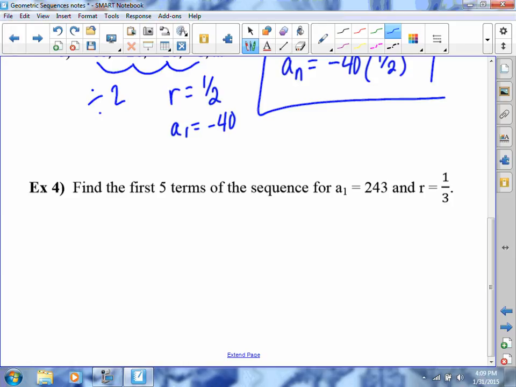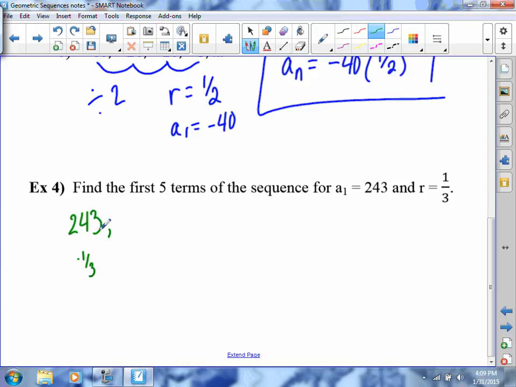Okay, example 4, a little bit more of an application. It says find the first 5 terms of a sequence. Now, they tell you that the first term is 243, and then they're telling you that your ratio is 1/3. So you're going to multiply by 1/3 to get your next term.